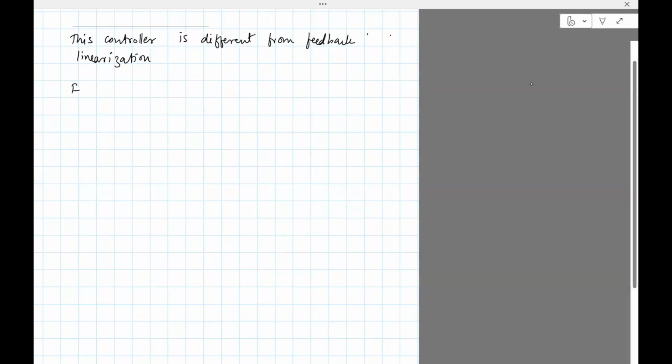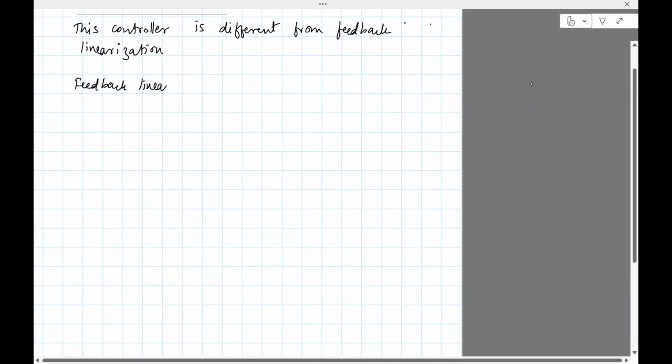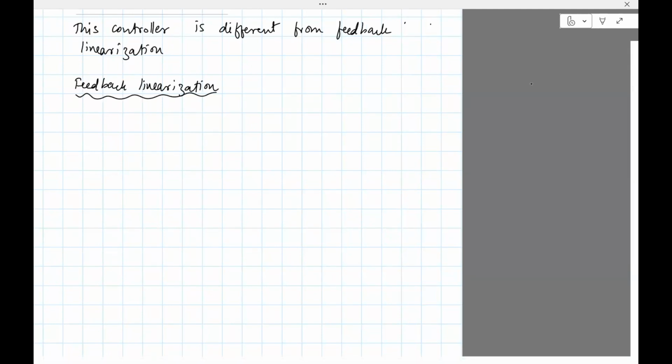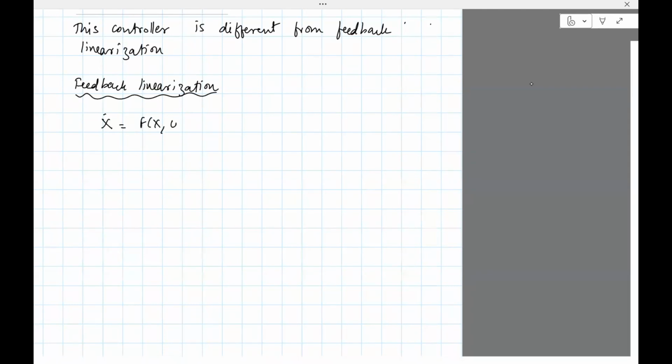The way you'll do feedback linearization for the system is X star equals u.